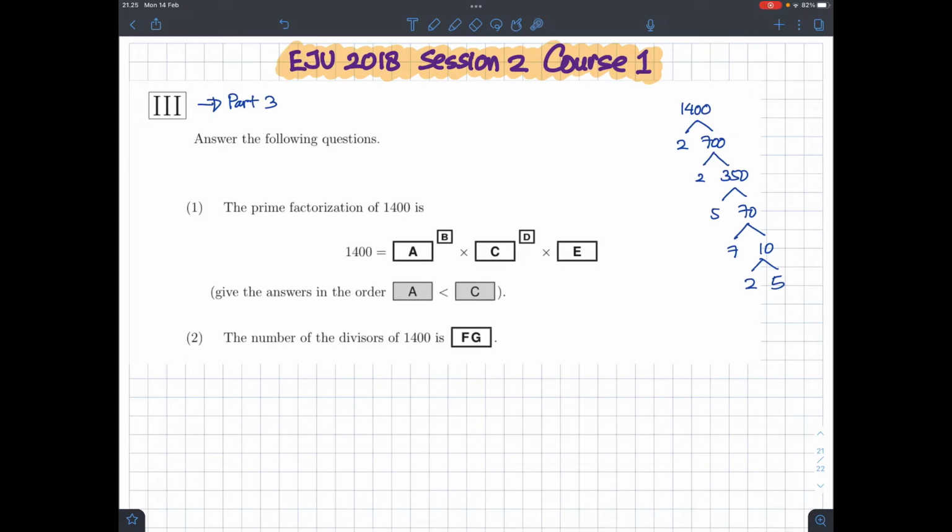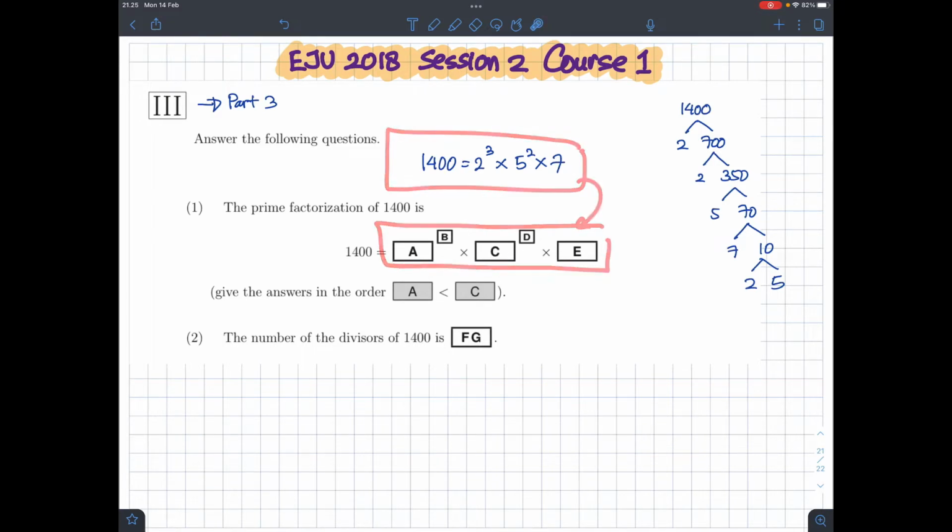From here you can see there are three 2s. So it means 1400 equals 2 to the power of 3 times 5 to the power of 2, and only one 7.